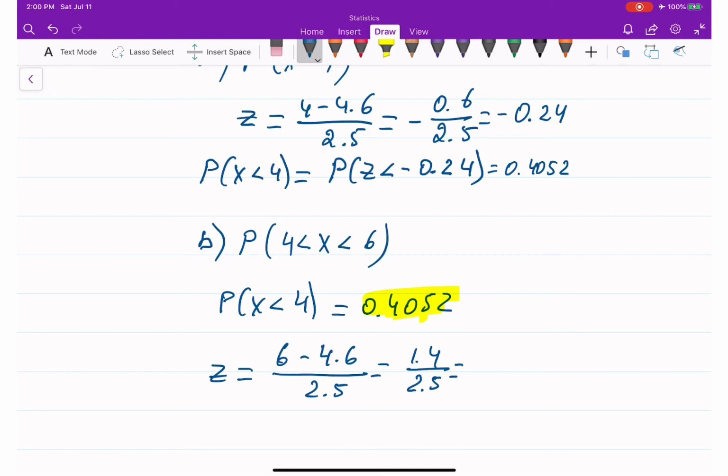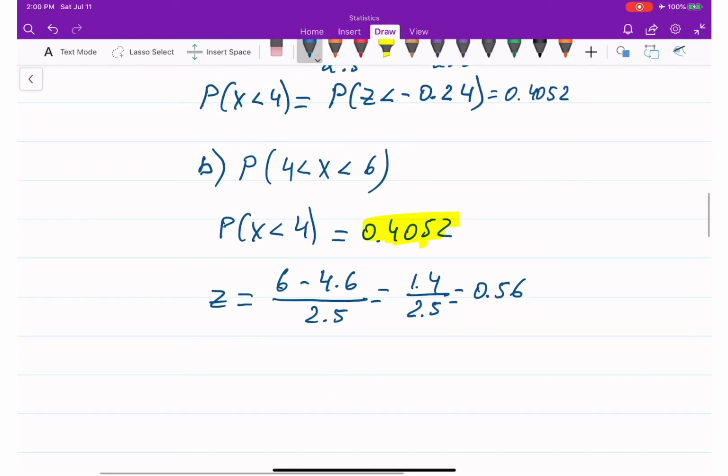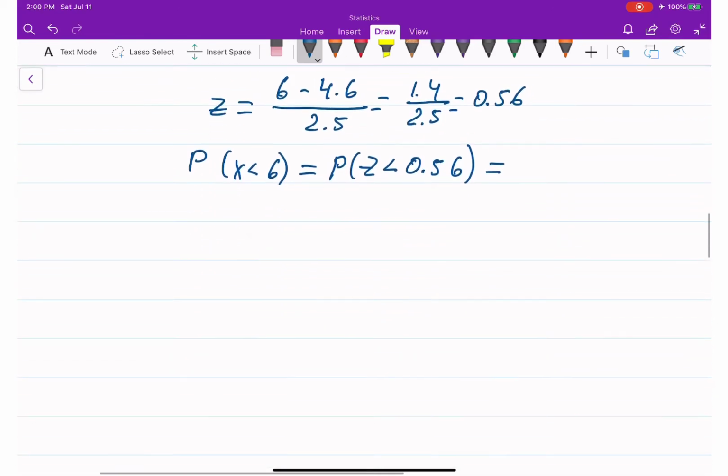It's going to be 0.56. Okay, so the probability x is less than 6 is equal to the probability z-score is less than 0.56.